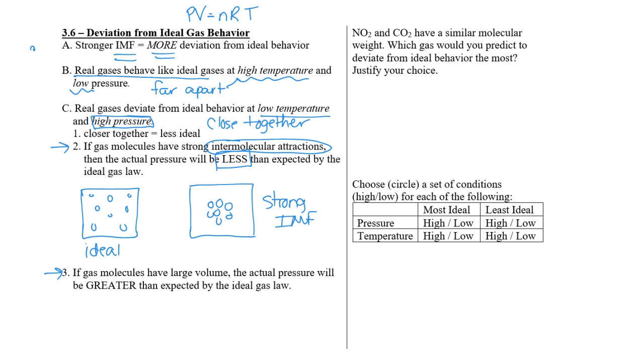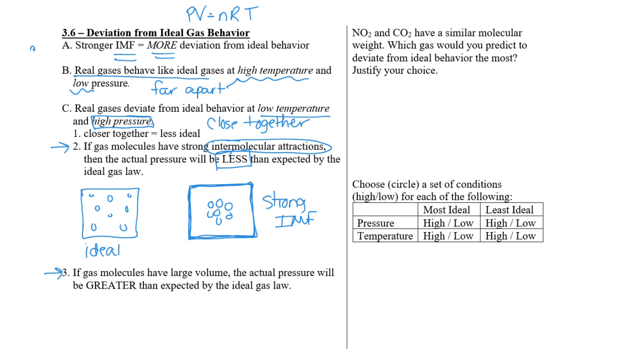And if they're closer together, then they don't collide with the sides of the container as often. And collisions with the sides of the container is what causes pressure. So the stronger the intermolecular force, the lower the pressure is going to be. It'll be less than expected when we calculate using the ideal gas law.